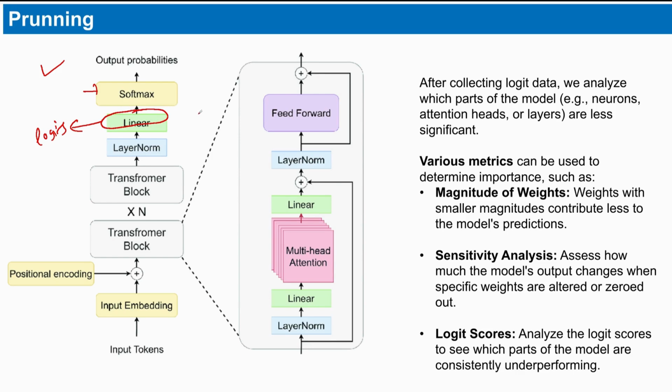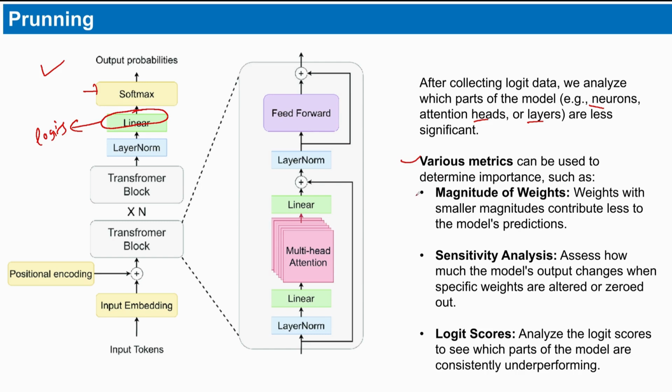Then they find out which part of the model is less important or less significant. It can be neurons, attention heads, layers or embedding channels, it can be anything. To find this out, they use various metrics to determine the importance.